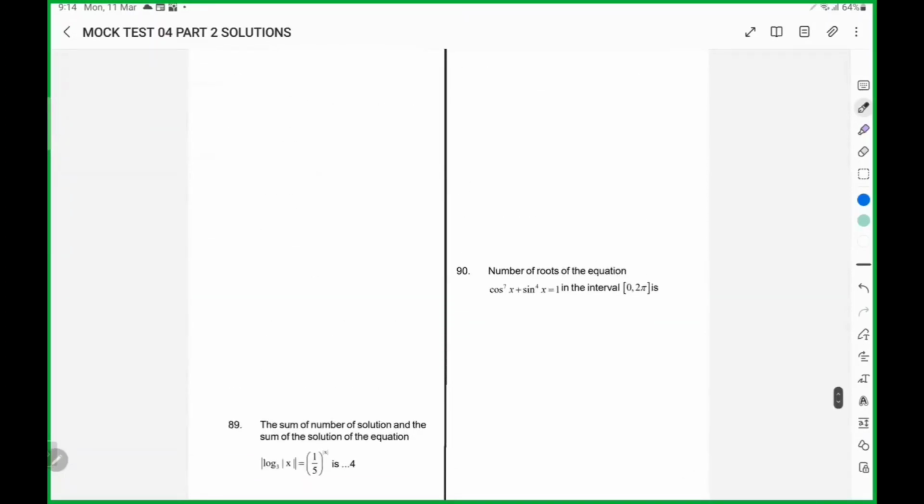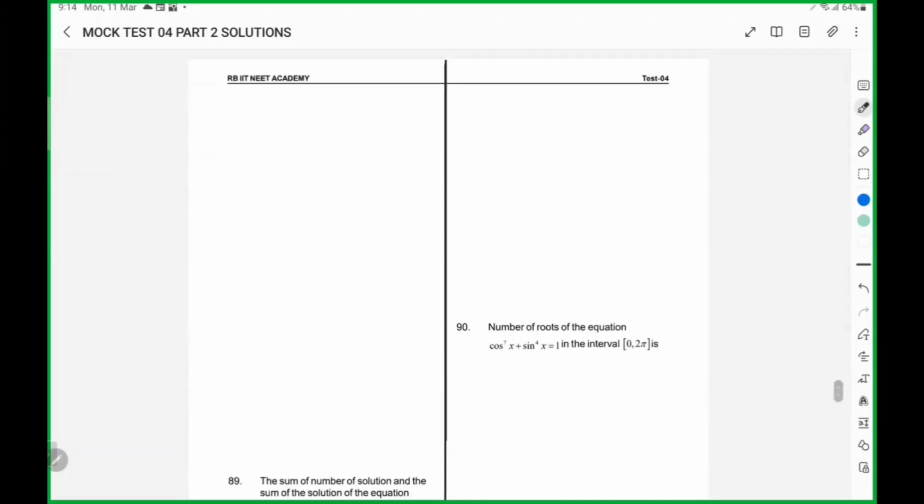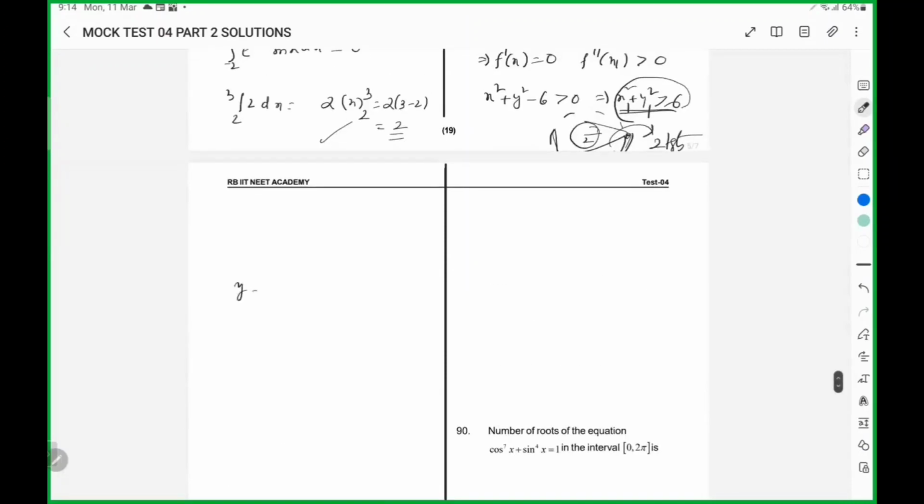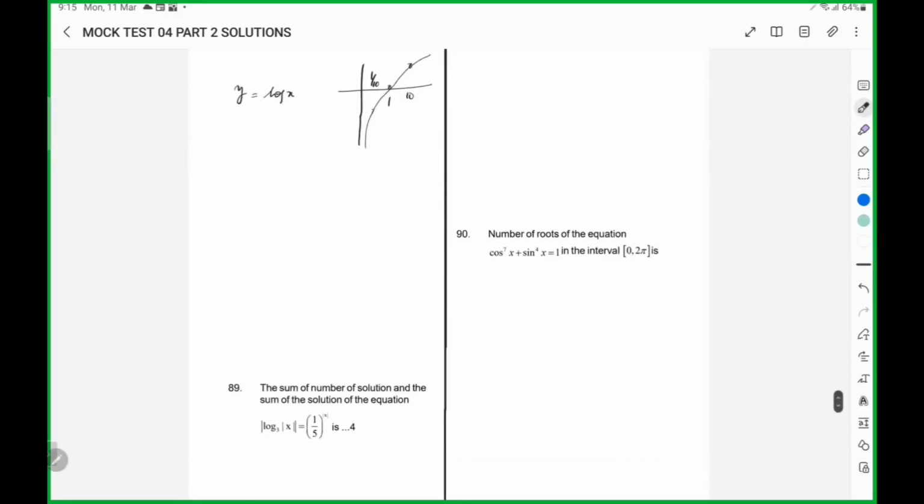Here, this 89th question, sum of number of solutions. Say here y is log x, log 1 is 0, log 10 1, log 1 by 10 minus 1. Graph looks like this, log x.